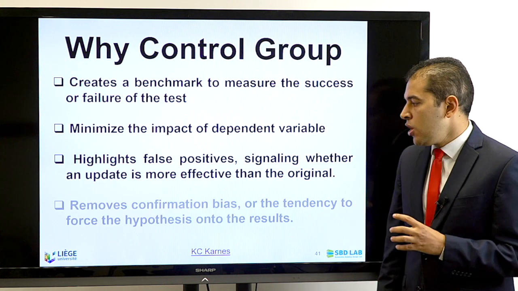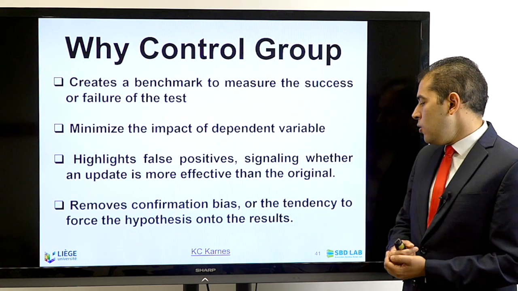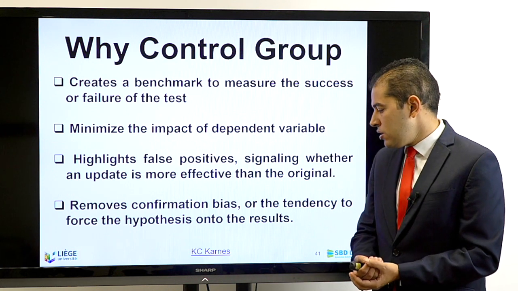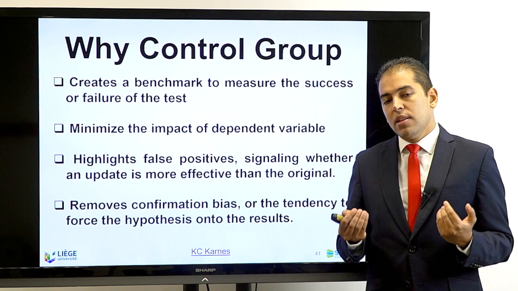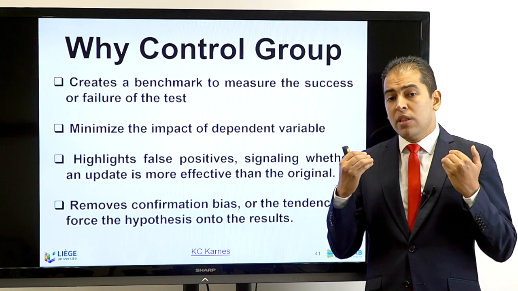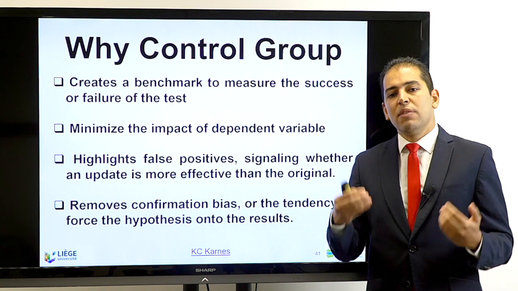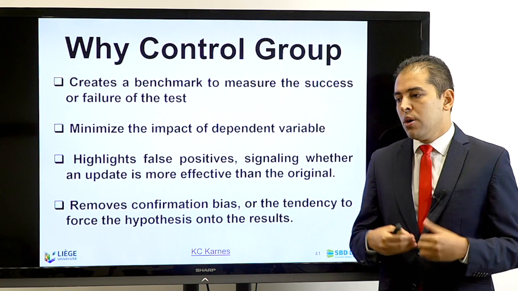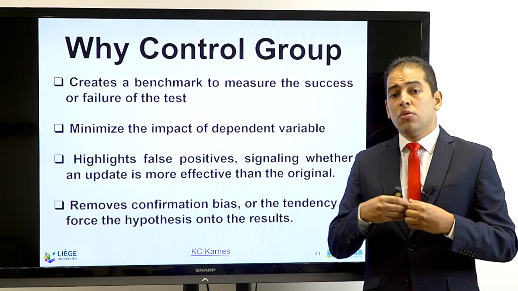And it's very important to take this into account because it removes the confirmation bias, or the tendency to force the hypothesis into results. And believe me, I witnessed PhDs being defended in experimental research methodology, and they never discussed their control group or their noise reduction measures.